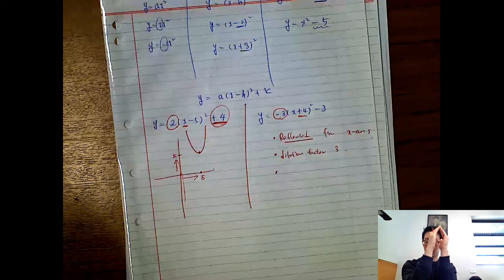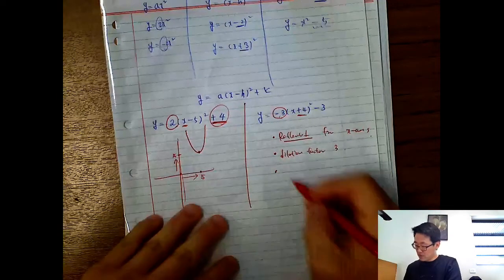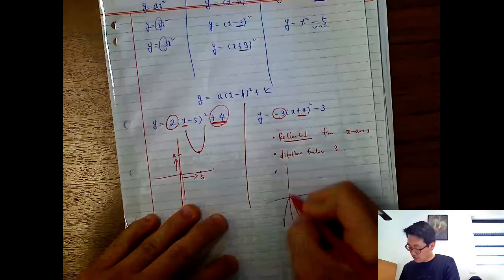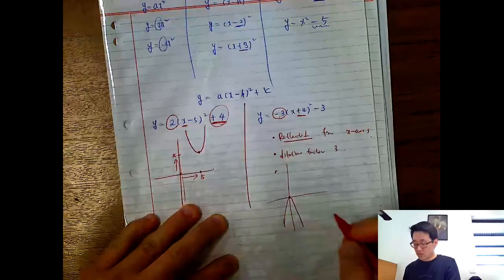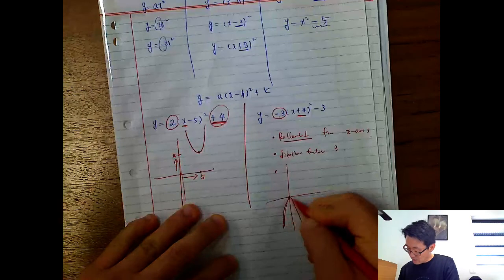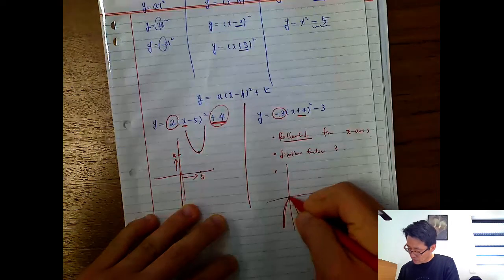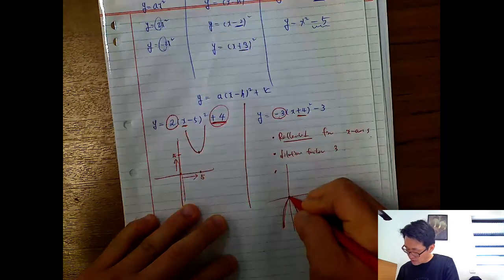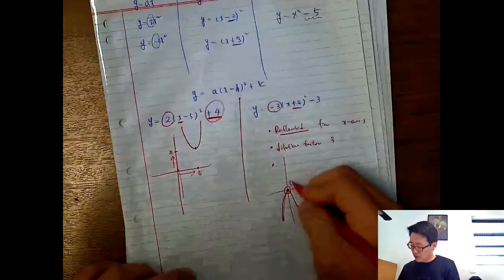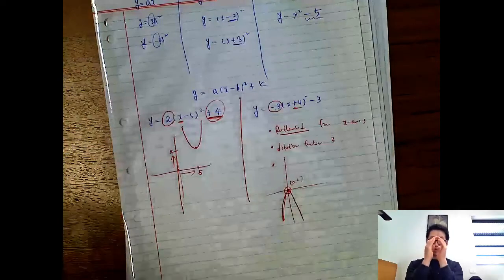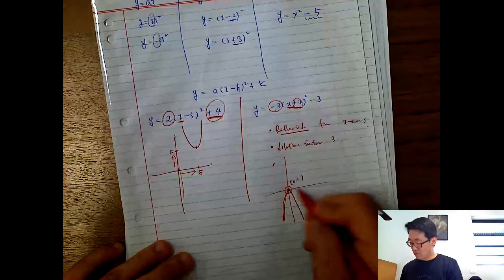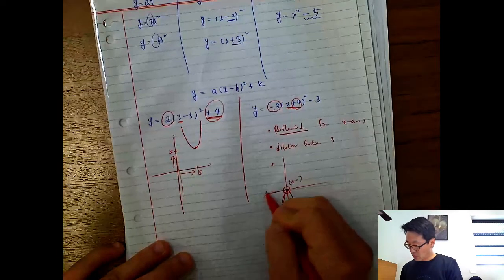And then we need to move. If I draw that, it will look like this, from 0 and 0. The turning point is where the graph changes from increasing to decreasing, the changing gradient point. The turning point is 0 and 0 now, but we need to move that. How much horizontally, on the x-axis? Negative 4.